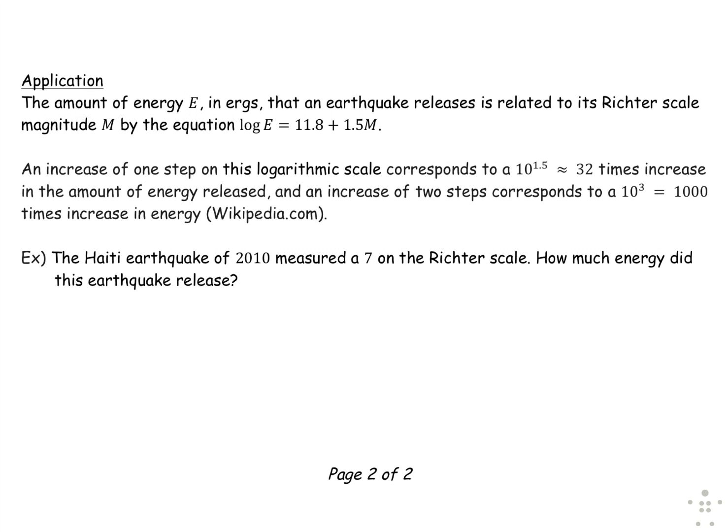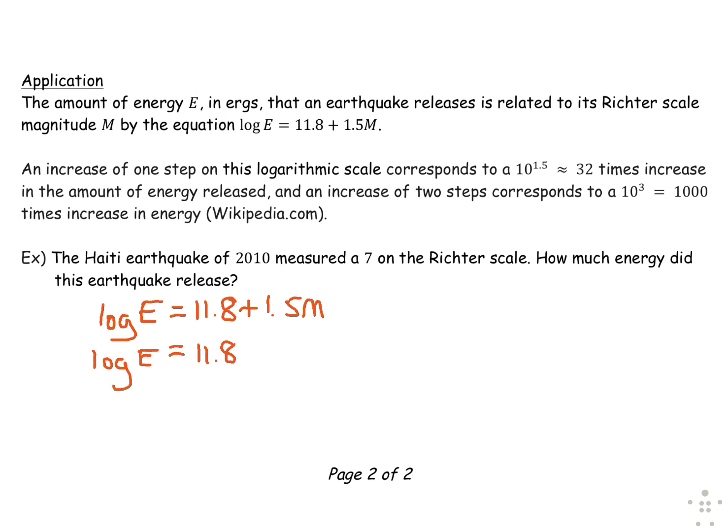So we rewrite the formula just to get our bearings here. The common log of energy equals 11.8 plus 1.5 M. Now, it's not million for capital M. That is magnitude M. Let's go ahead and substitute in. Now, we're going to solve for E. Right now, it's inside of a logarithm. Keep that in mind.